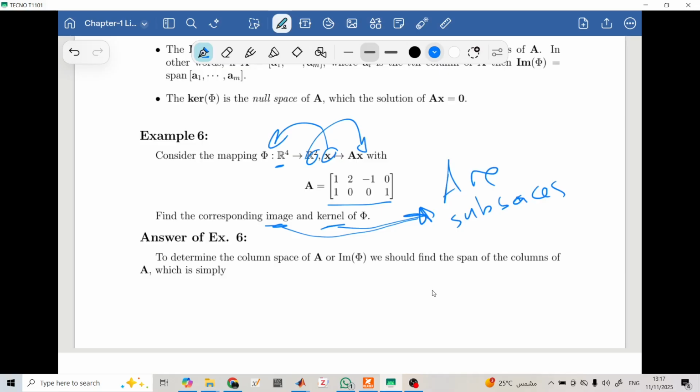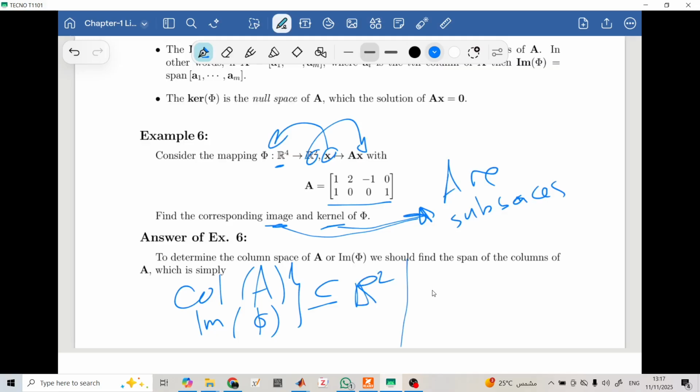Those two are subspaces. Subspaces of what? As we said earlier, the column space of A, or the image of phi, same thing, they are subspaces of R squared.